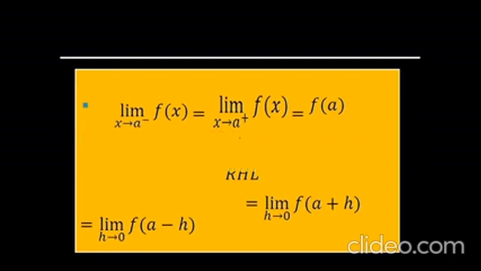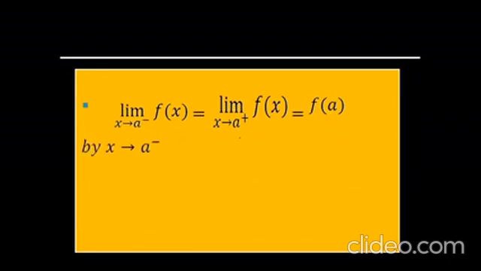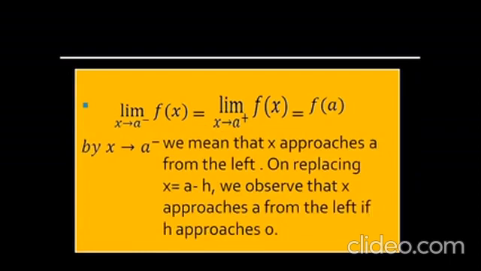So by x tends to a minus, we can say that it approaches a from the left, on replacing x by a minus h. We observe that x approaches a from the left if h approaches 0.